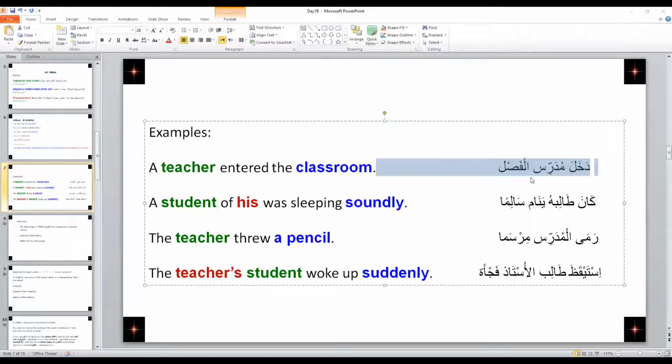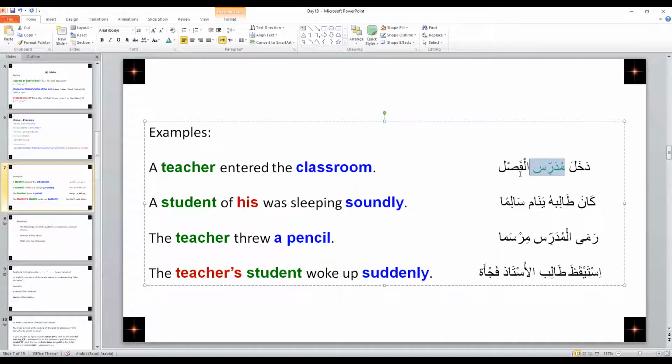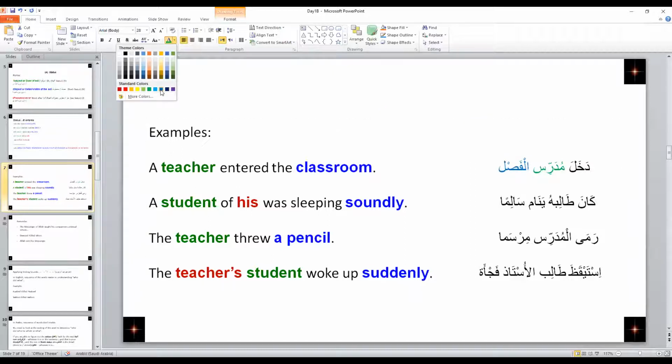Brother Abdullahi, so Mudarrisu is then the doer in this particular instance. The doer here, which is in Rafa status, is Mudarris, so Mudarris will be green. And Al-Fasla is the victim of the action here, so Al-Fasla will be blue.